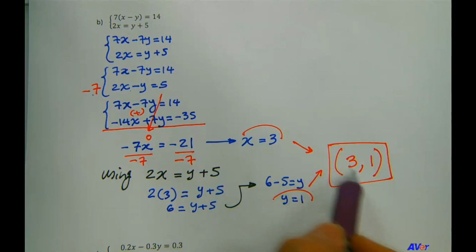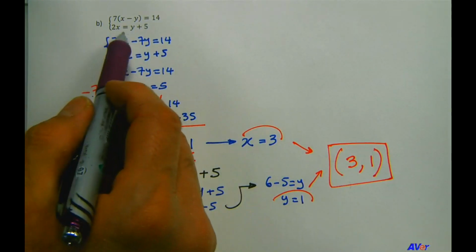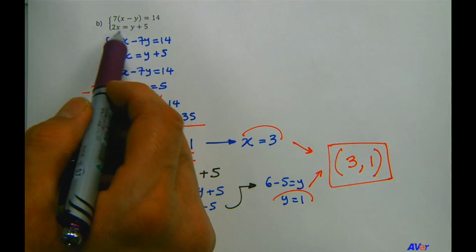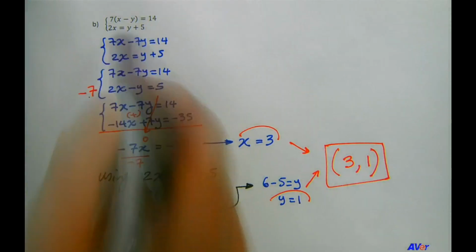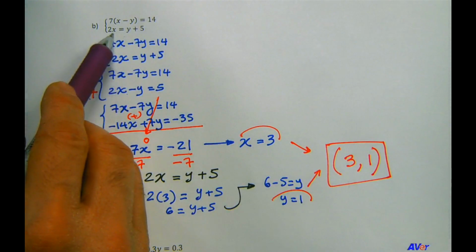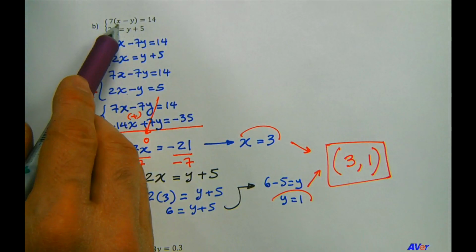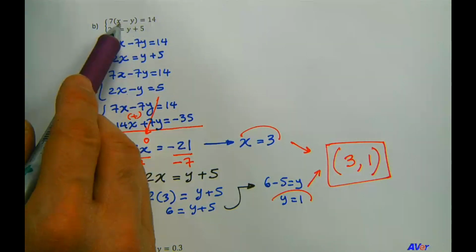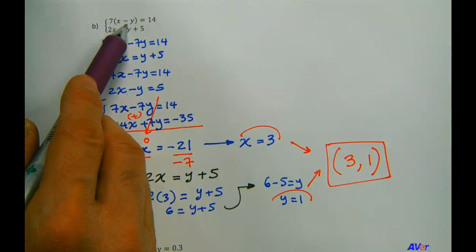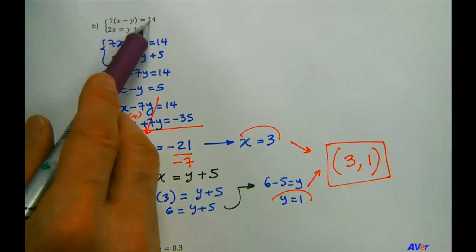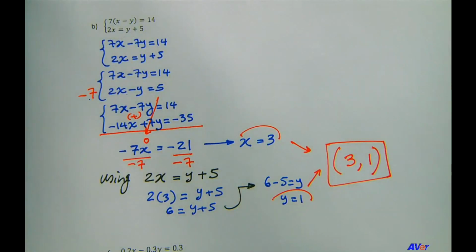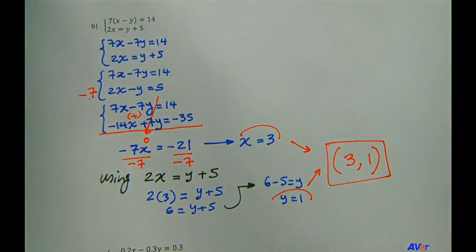If you plug that point in either equation, the equation is valid. So 2 times 3 is 6 equals 1 plus 5 is 6. 7 times x minus y would be 3 minus 1, which is 2. 2 times 7 is 14, which is equal to 14 on the right. So you can always test your solution that way.